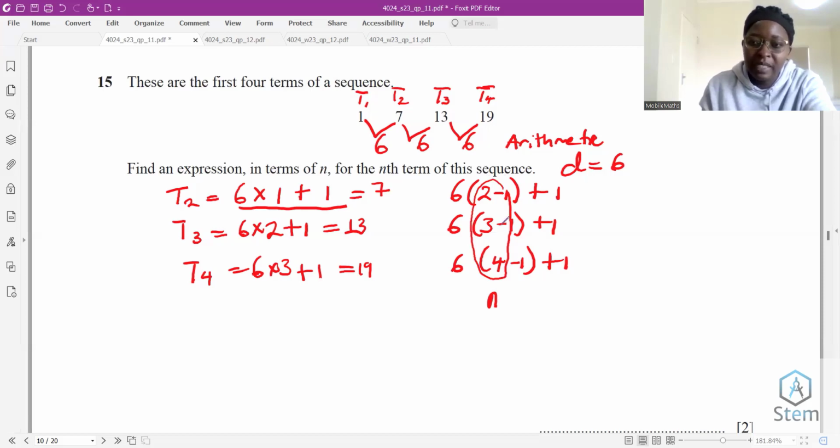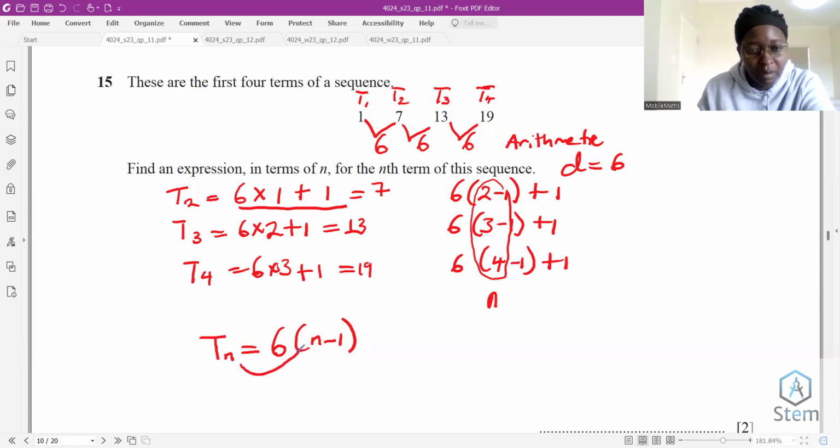So I can replace these and say, for my nth term, Tn, which is my nth term, is going to be equal to 6 times n minus 1, because this is my nth term here, then plus a 1.